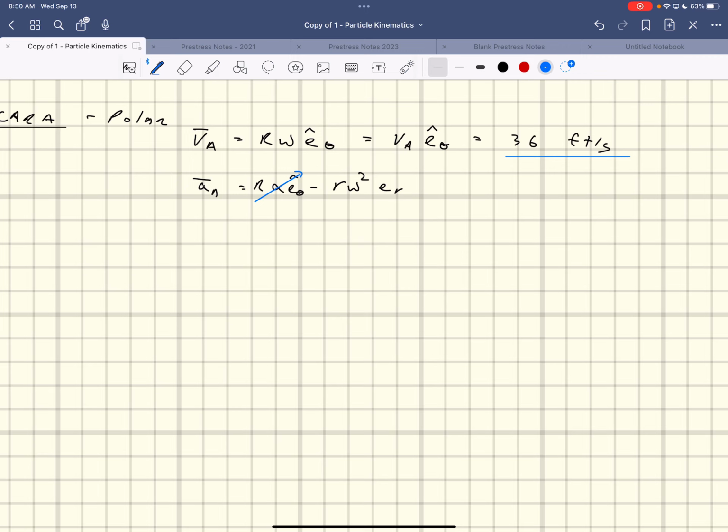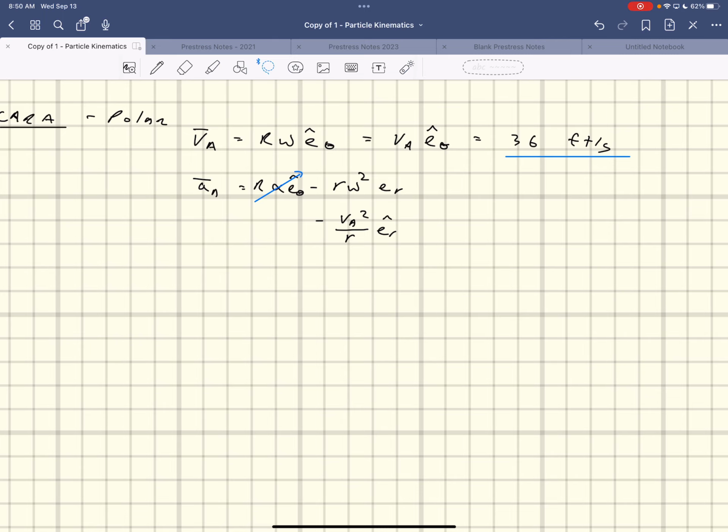And this r omega squared can also be written in terms of velocity, which is VA squared over r. I'm using those interchangeably. R omega squared or V squared over r, both do the same thing. I could calculate omega, that's V over r, substitute that in, and the r's cancel out, so they're equivalent. In this case, they gave us velocities, so it's easier to use velocities.